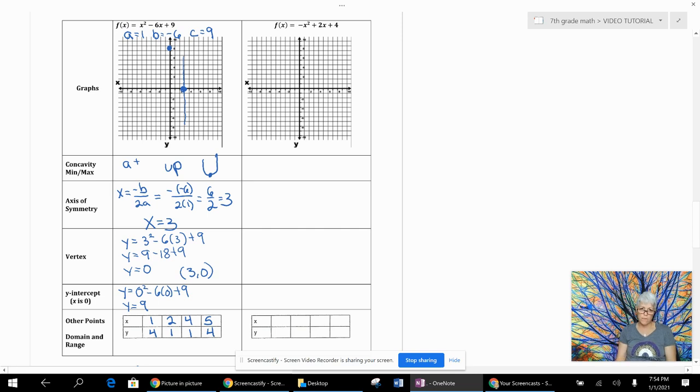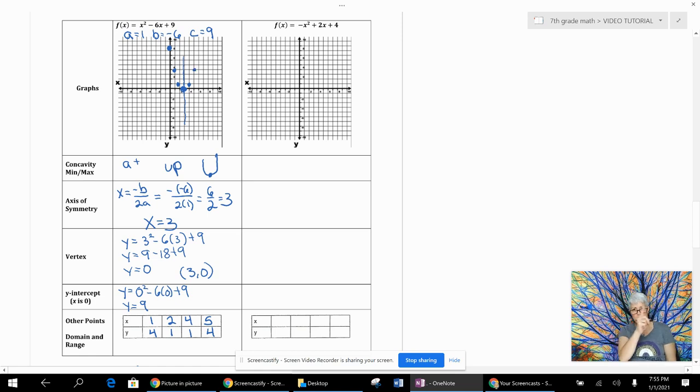So let's go ahead and graph these points. So 1, 4 would be here. 2, 1 would be right here. 4, 1 would be here. And then 5, 4 would be here.